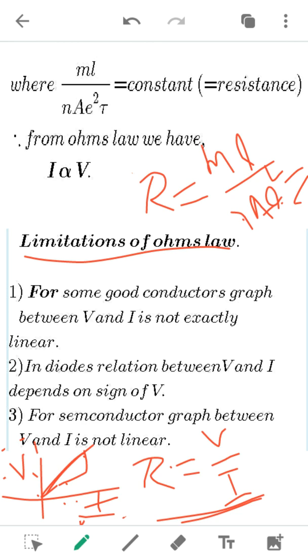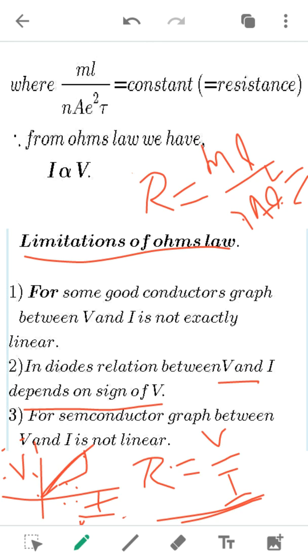Now in diodes and LEDs, the V and I depend on the sign of V. That means they are not linear. And for semiconductors, the graph of V versus I is also not linear. I will explain these graphs completely in the next lecture.